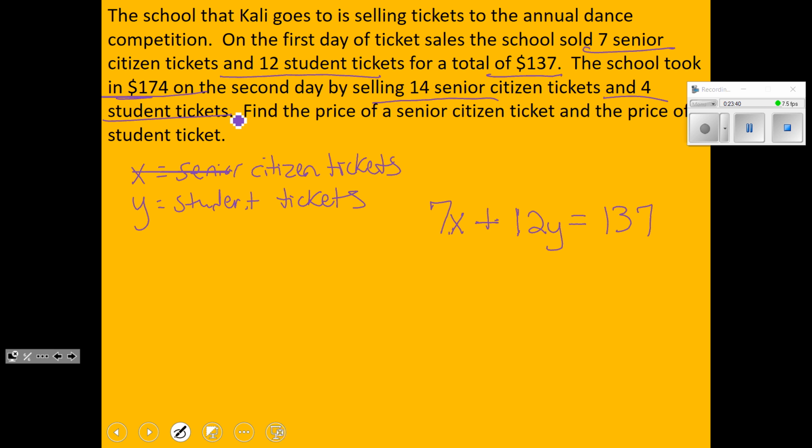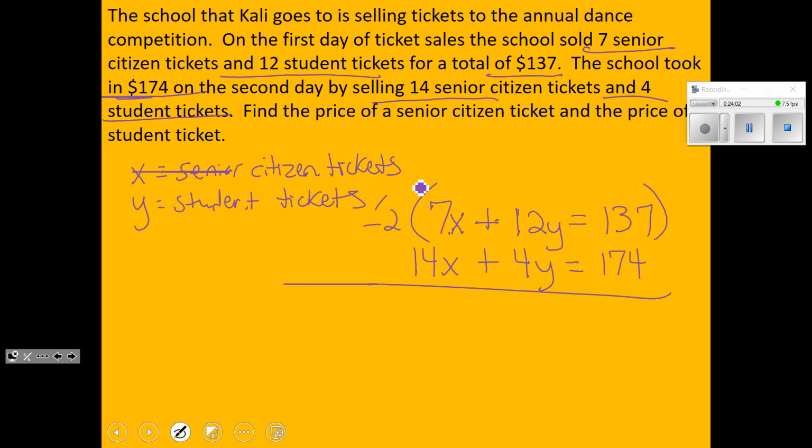So how would I write that? 14x plus 4y equals 174, excellent. And then I'm going to eliminate. So I'm going to times, you could times the bottom one by -3, or I'm going to times the top one by -2. Either way, it would work.